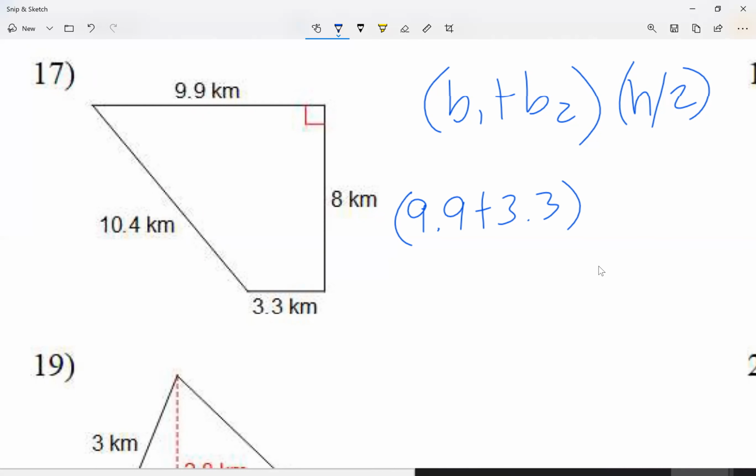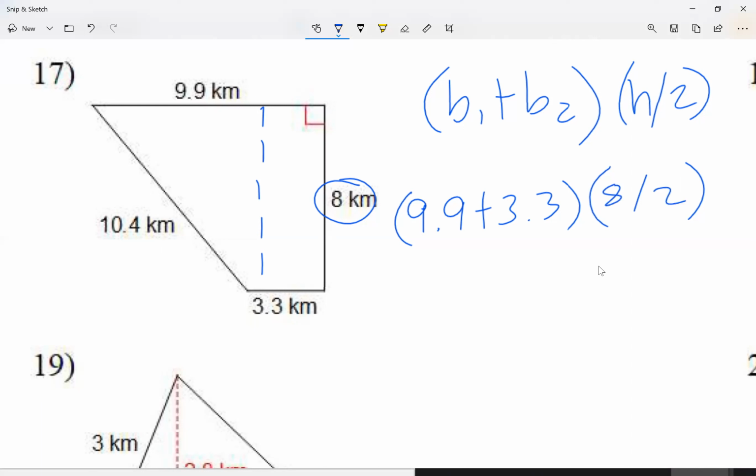On the second parentheses, the height divided by 2. Most of the time, the height is inside of the trapezoid. So it will be somewhere over here. But in this case, the height is right there at the side. The 90-degree angle is going to help us identify the height because the height touches the bases at 90 degrees. So the height is going to be 8 divided by 2.